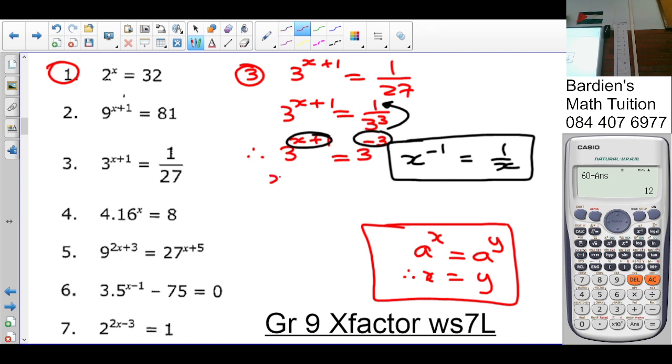So you get x plus 1 equals negative 3. You get over the equal sign, so x is equal to negative 4. Okay, you all got that?